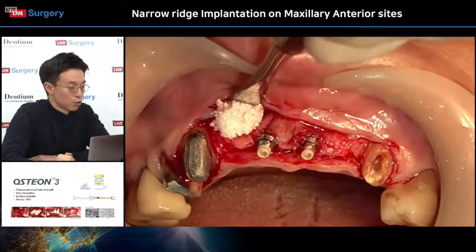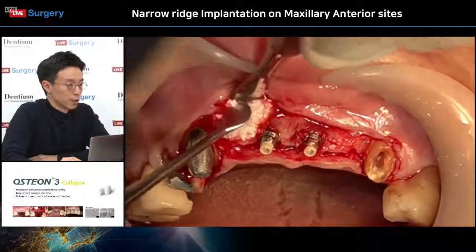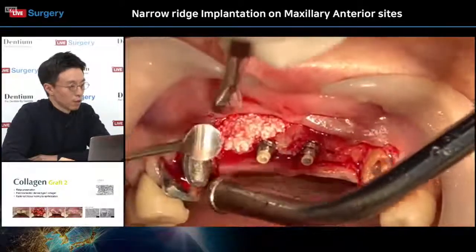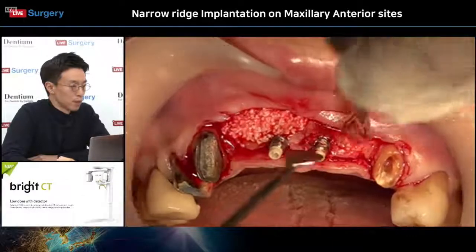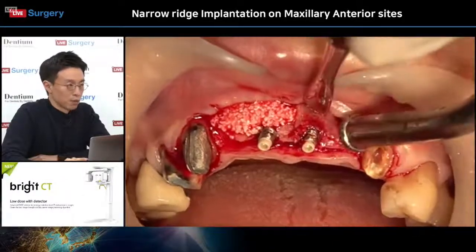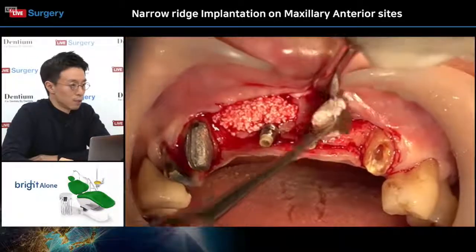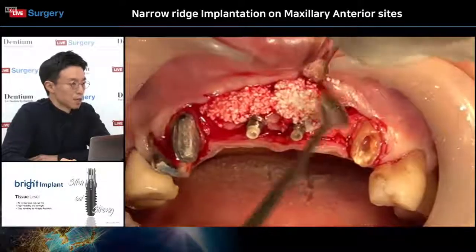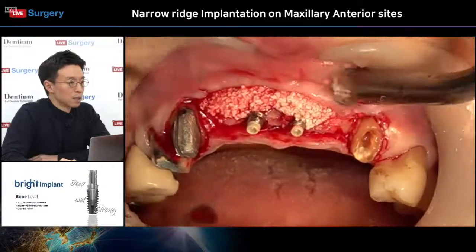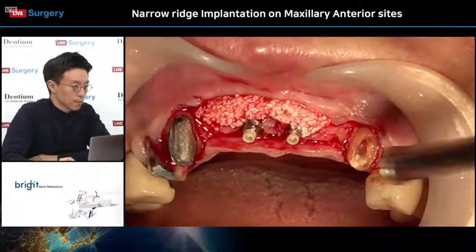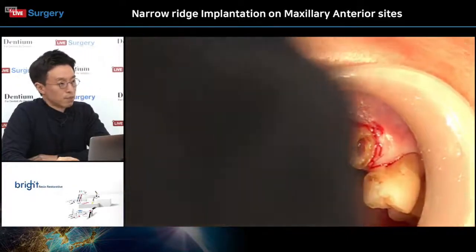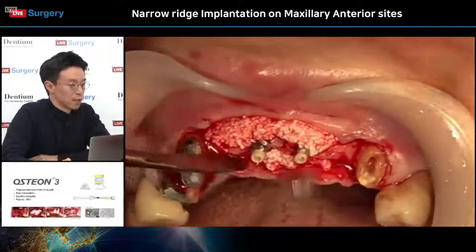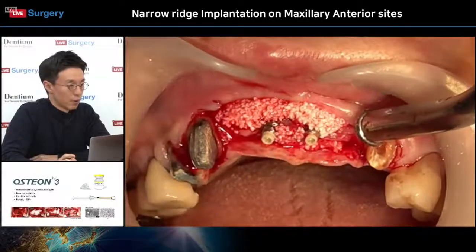It is very important to identify the buccal or labial side, because even when we check the bone condition by preoperative CBCT, there is a risk that bone concavity or severe bone defect is at the labial or buccal side of the alveolar ridge.